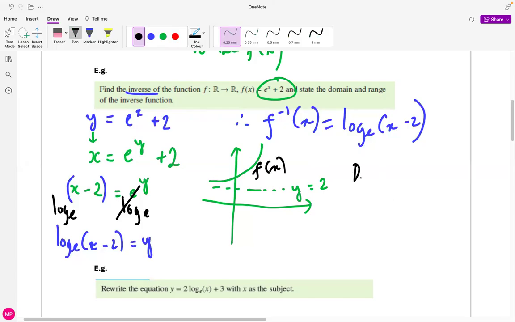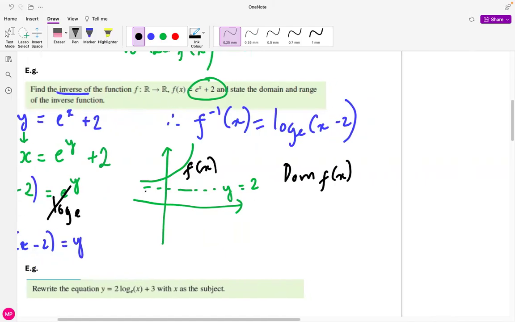The domain of f of x goes from negative infinity to positive infinity, so the domain of f of x is R. The range of f of x goes from the minimum to the maximum. You start from 2 and go all the way to infinity, and you don't include 2 because that's the asymptote. So the range is 2 to infinity.